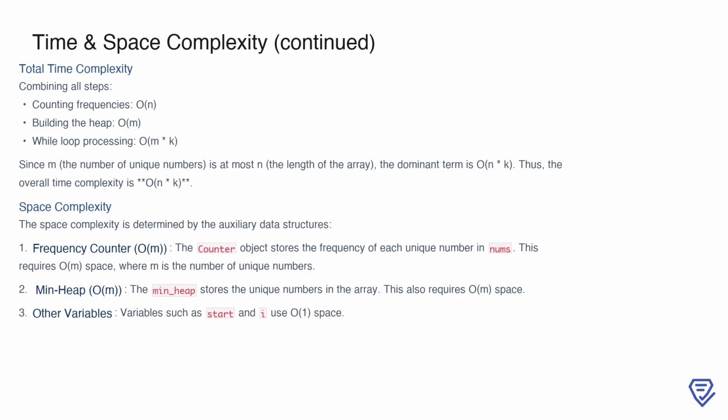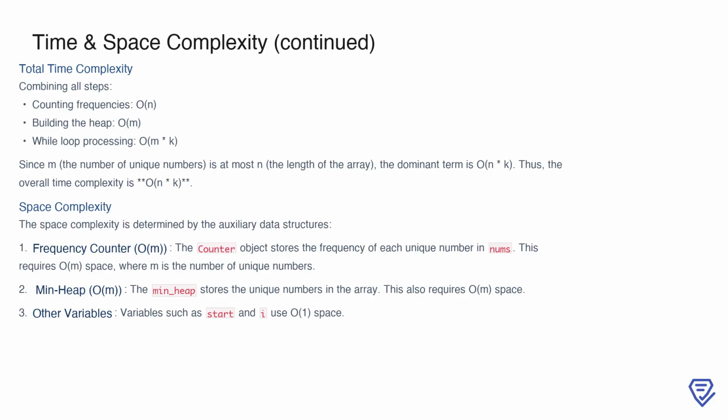Shifting our focus to space complexity, the memory usage is primarily determined by the auxiliary data structures. The Counter object uses O(m) space to store the frequency of each unique number, while the min-heap also requires O(m) space for the unique numbers. Other variables, such as loop counters, require constant space, O(1).